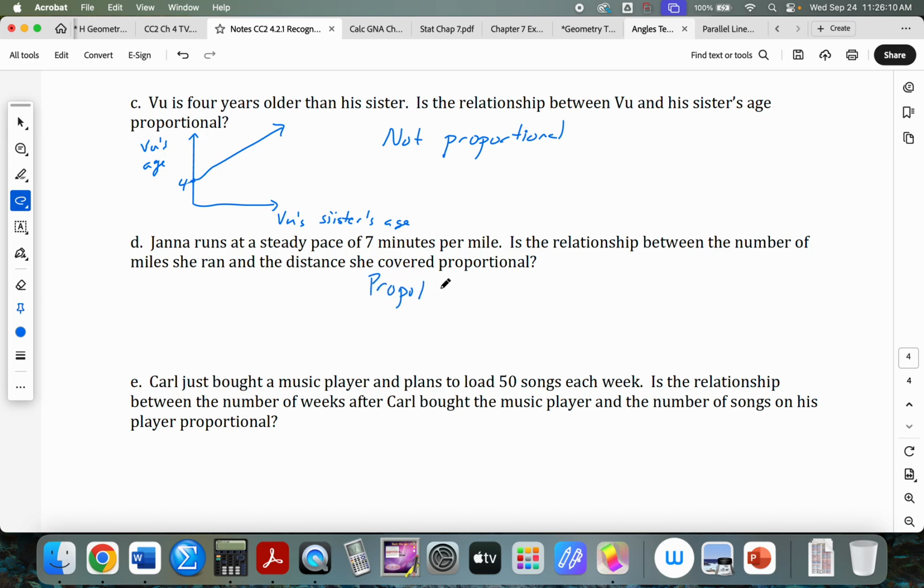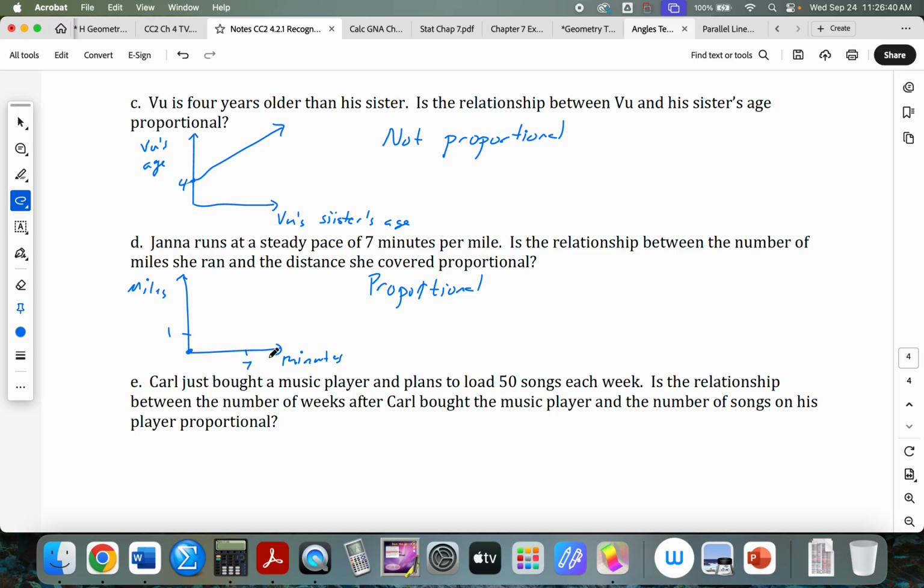So let's think about this one. If Jana ran 0 miles, how far has she gone? 0. Oh, okay. So when she gets to 7 minutes, she'll be at 1 mile.